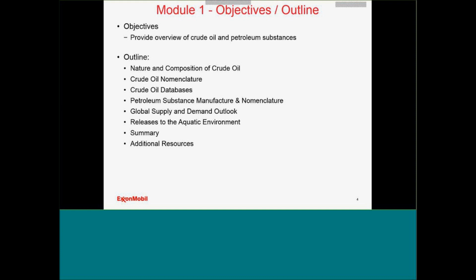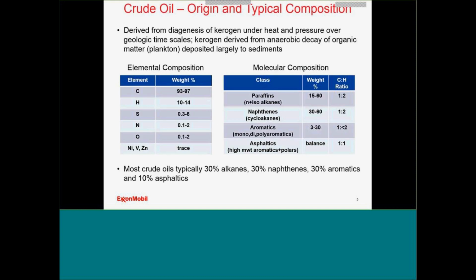I'd like to just share some insights regarding current and future global oil supply and demand trends. I'll also briefly highlight some of the types of oil that are released to the aquatic environment, and then conclude with a brief summary of take-home messages and a list of additional resources for further reading. So that's sort of the roadmap for the presentation today.